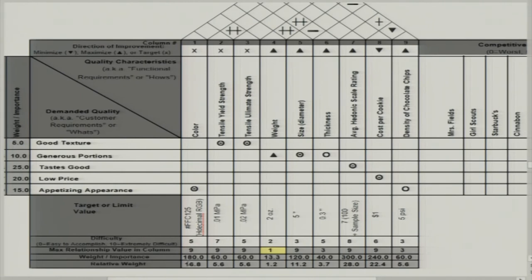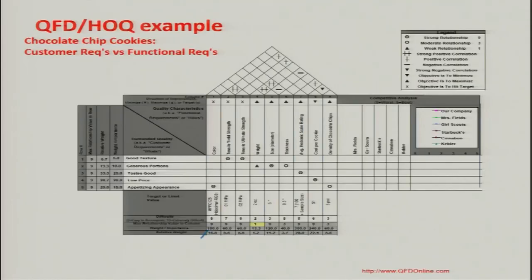How do we get this value 180? This value is 180. It is 20 into 9, which is 180. This value, a vacant circle, means 3. So this is 20 into 3.